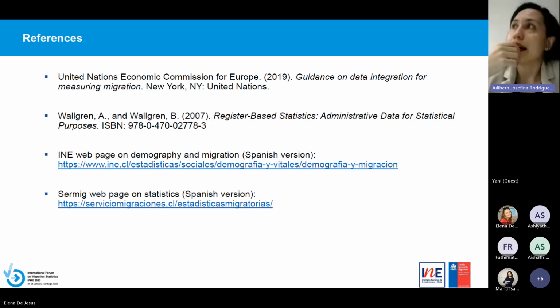But the new methodology that we are implementing in the 2022 estimate is that the basis of our estimation in the administrative record component is those migrants who have applied for a resident permit in CERMIC or MINREL.